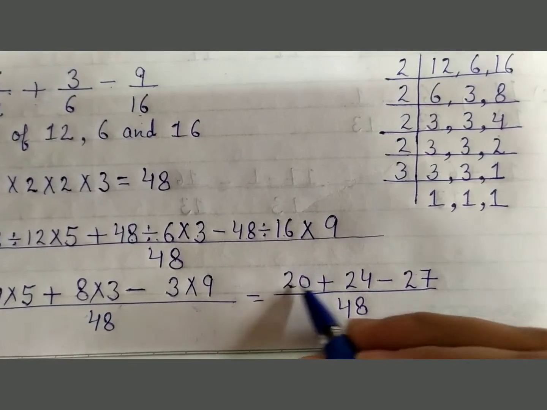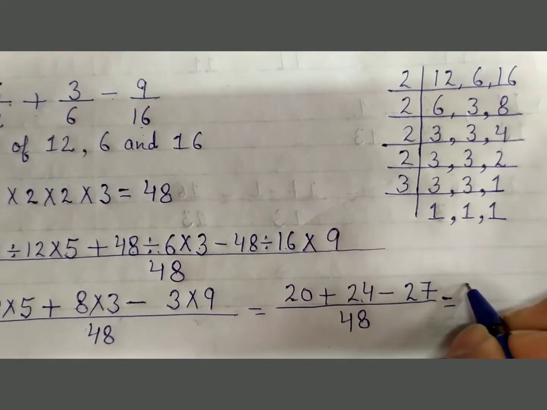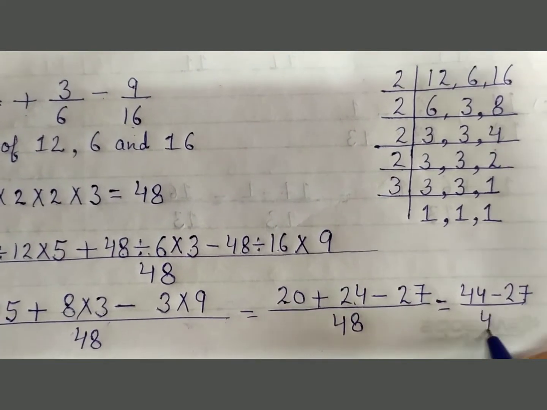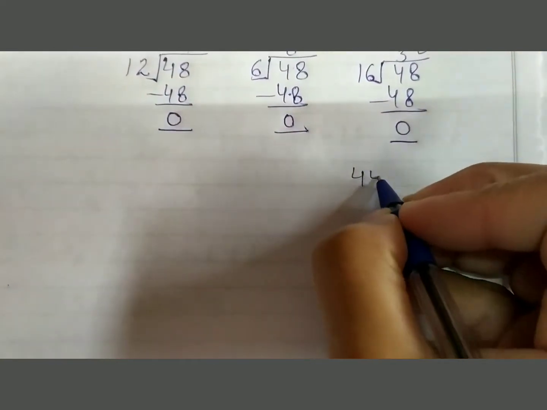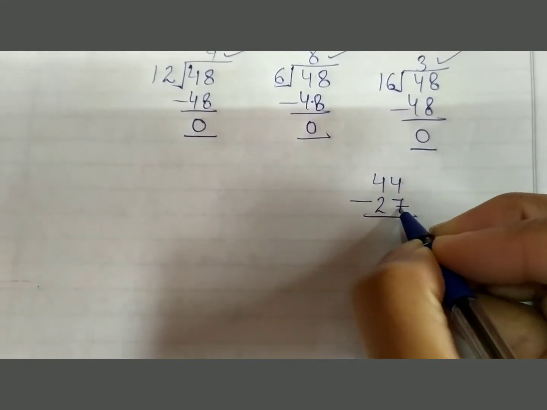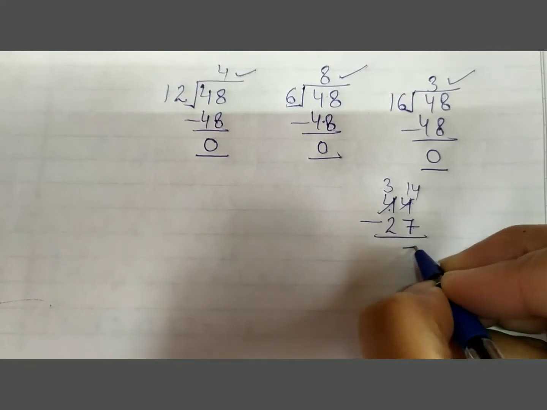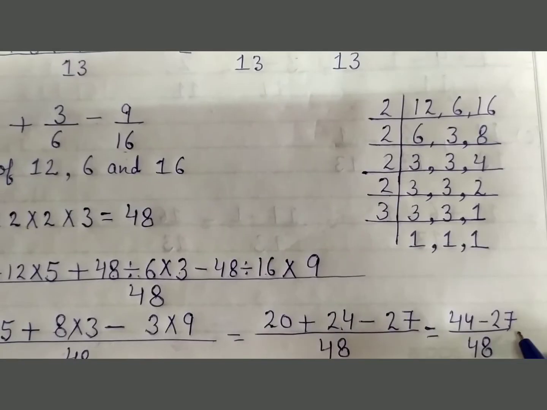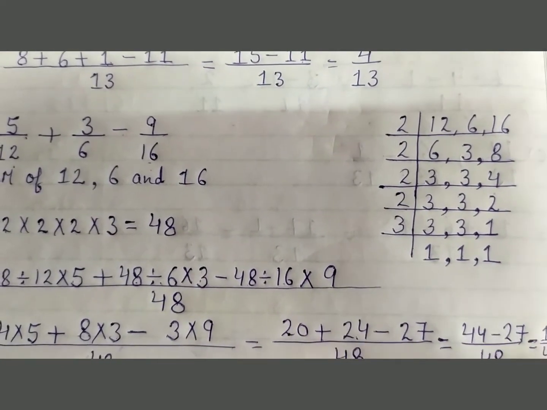Firstly add these two numbers. 20 plus 24 equals 44, minus 27 upon 48. 44 minus 27. 4 minus 7, 4 is smaller than 7. Take 1 from 4, leaving 3. 14 minus 7 is 7. 3 minus 2 equals 1. So 17 upon 48. This is the answer.